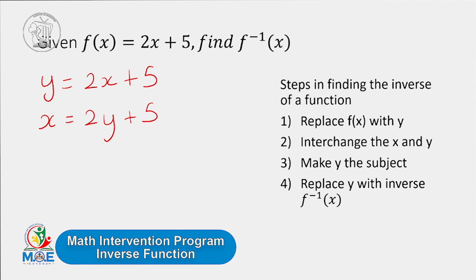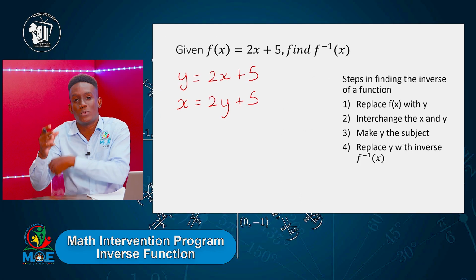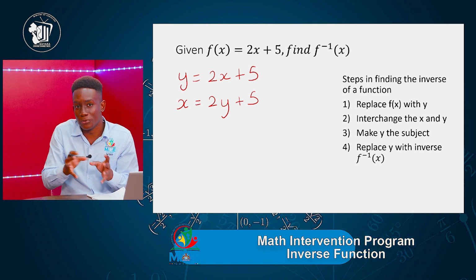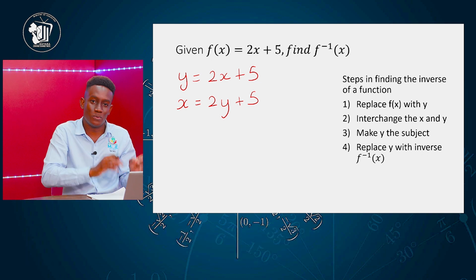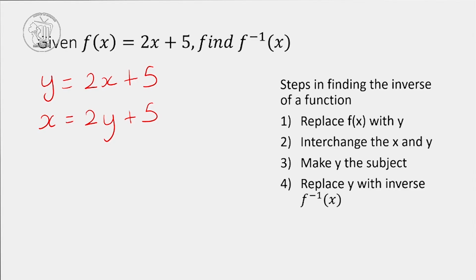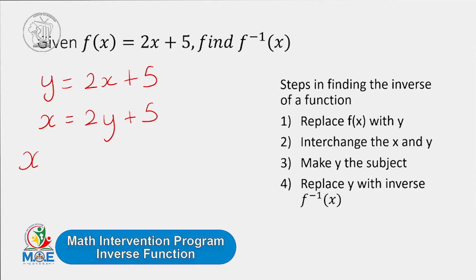Whenever we take a term or a number over the equal sign, whatever operation it was doing, it will do the opposite when it goes over. So the opposite of addition is subtraction. So we'll have x subtract 5 is equal to 2y.